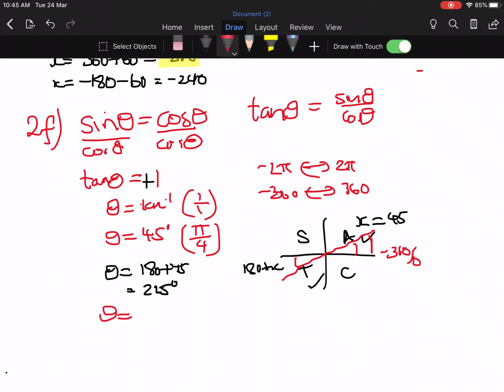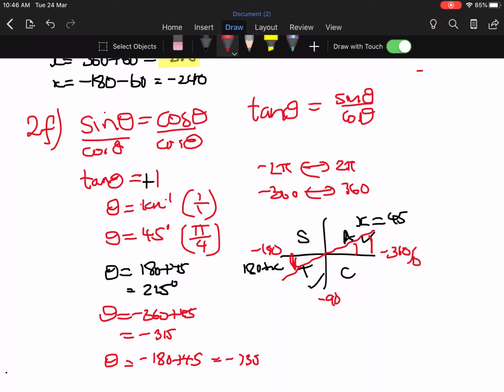I'm doing negative 360 plus 45, which is equal to negative 315. Now in this one, it's 0, that's negative 90, and that's negative 180. So if I want to go back 45 this time, it's going to get less negative. So it's going to go closer to 0. So negative 180. I'm not going to subtract 45 this time. I'm going to add 45 this time.